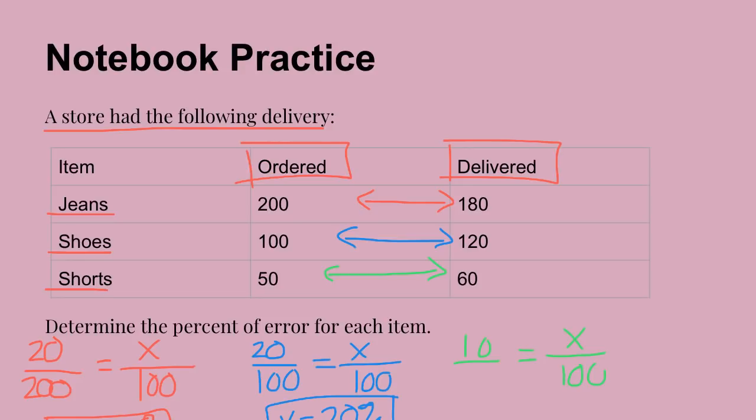So there's an error of 10 shorts because 50 were actually ordered. So if you take 10 times 100 and you divide it by 50, oh, I was wrong. We're going to go ahead and have a nice percent of error of 20% again.